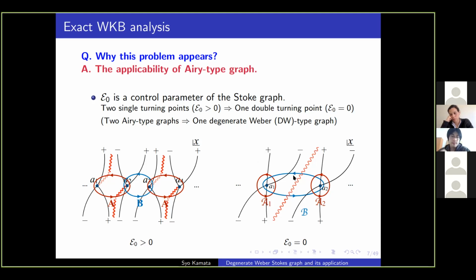Okay, thank you. Let me ask a related question. As a potential, if the bottom minimum is like a harmonic oscillator, quadratic, but suppose this is third order, or fourth order, for example, then when the energy is tuned to this particular bottom, is it just a Weber type or different?